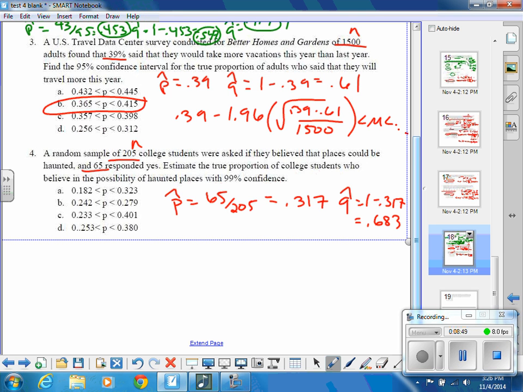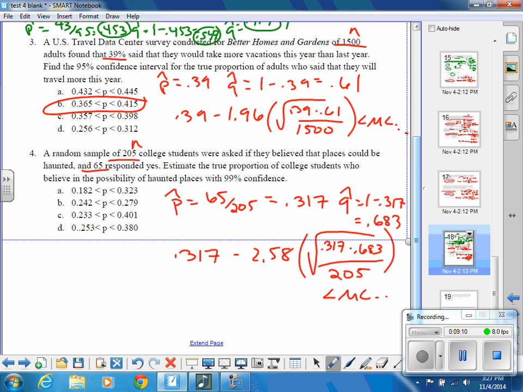Now, 99% confidence, so 0.317 minus 2.58. That's my Z for the 99% confidence times the square root of 0.317 times 0.683 all over 205, and of course I have my less than mu and then the other one, and when I punch all this in, I should end up with C in this case.